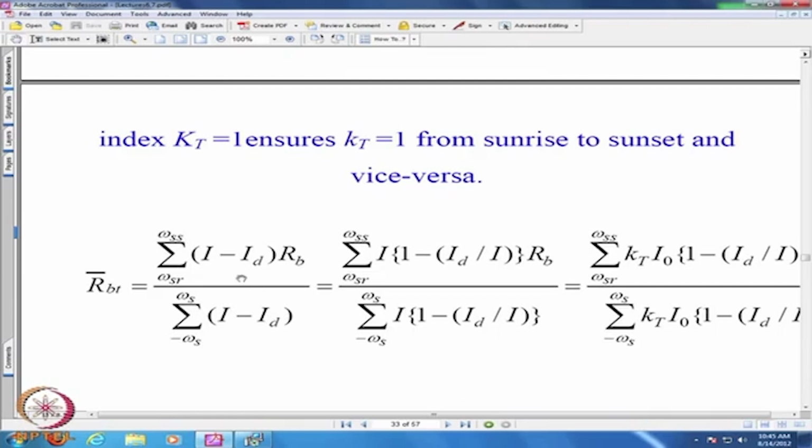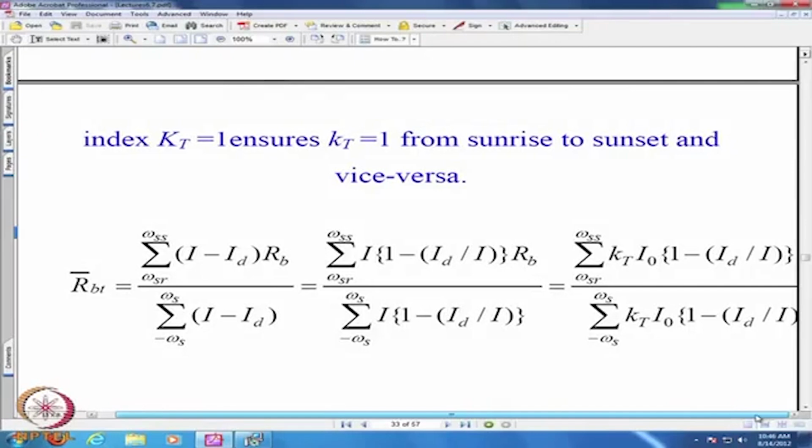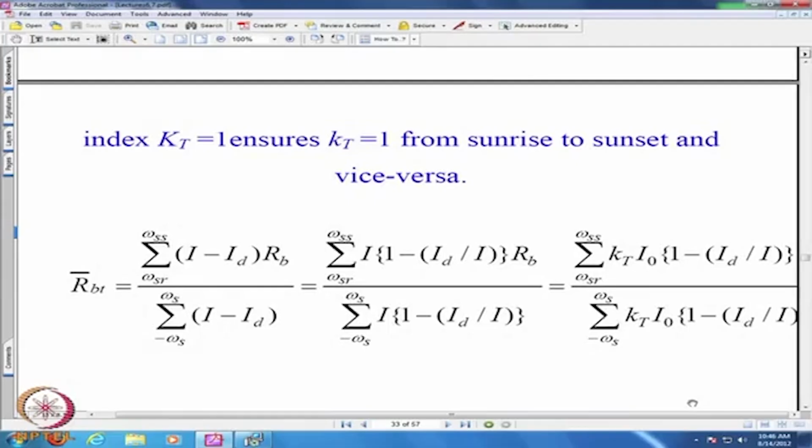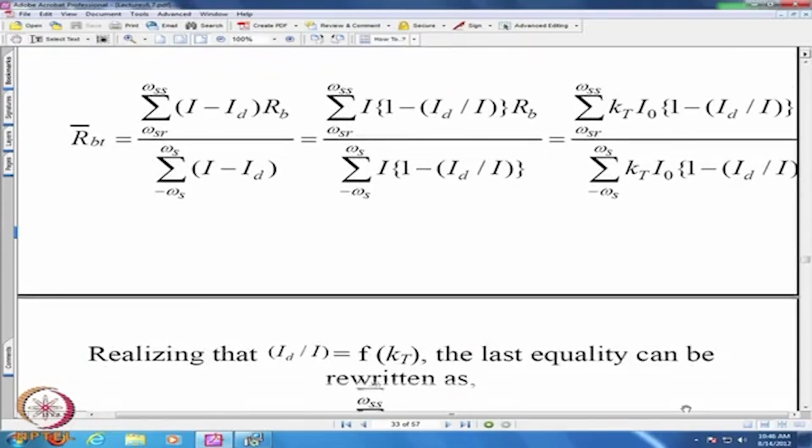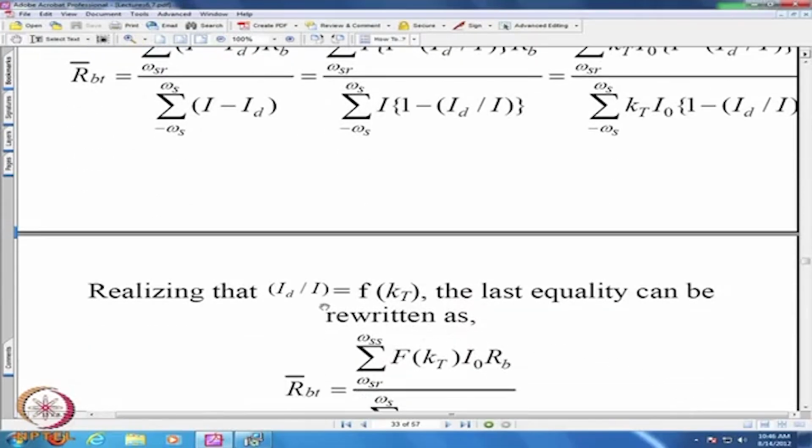So, I write Ib as I minus Id, which can be written as I into 1 minus Id by I, which can be written as clearness index into I0 into 1 minus Id by I. Once again, you can see that I am trying to avoid I everywhere except Id by I and the analytically calculable I0. Now, according to Erbs' correlation, Id by I is dominantly a function of clearness index.